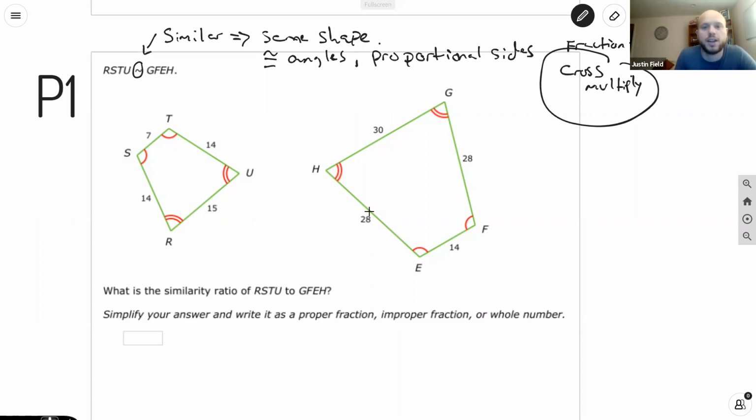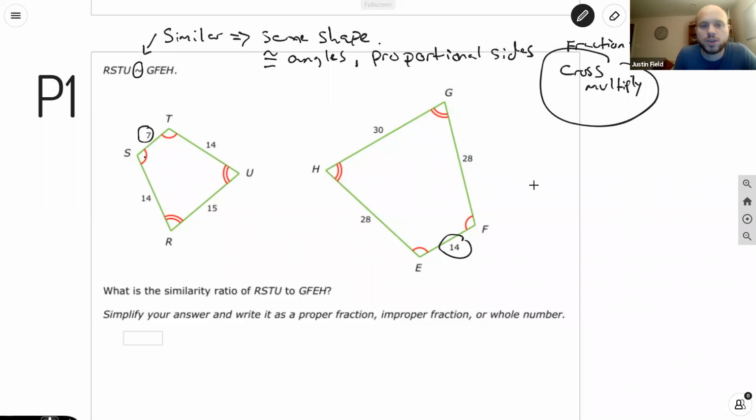So let's look at the similarity ratio of these two quadrilaterals. You can see that they are both trapezoids, and it looks like one is flipped upside down. Based on these angles, S and T correspond to E and F here. So that side and that side correspond, ST and EF.